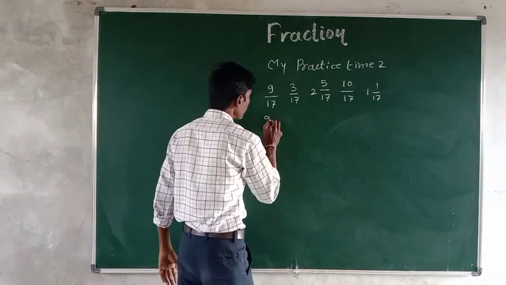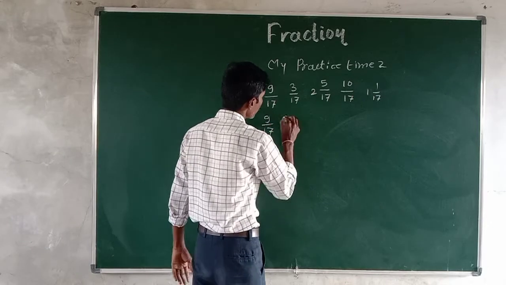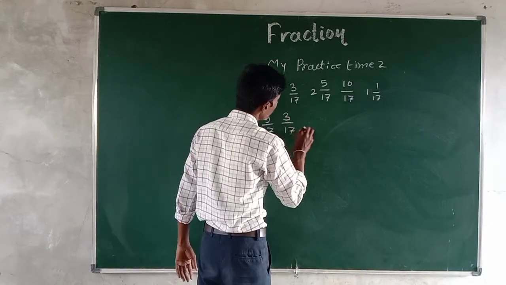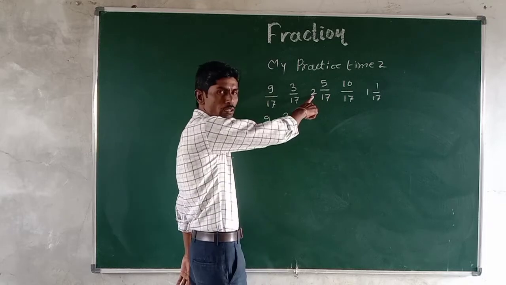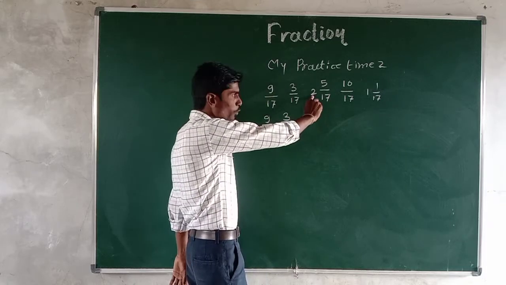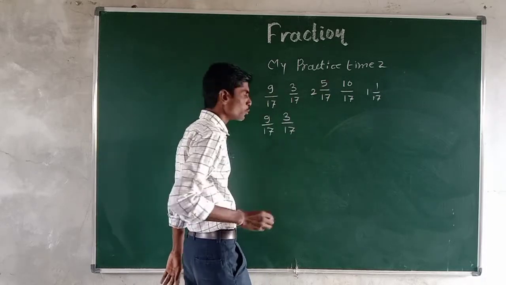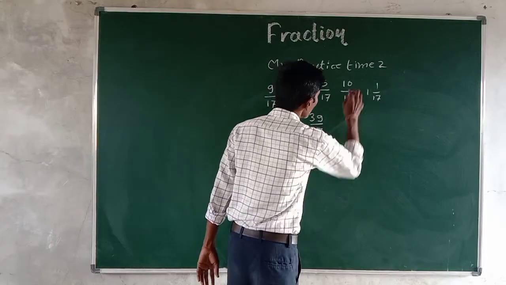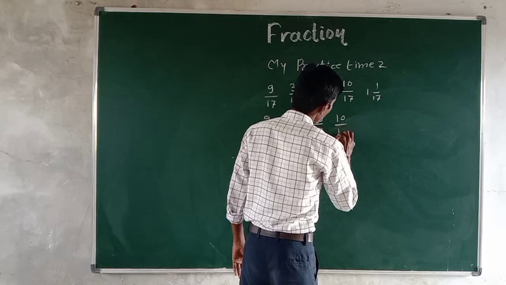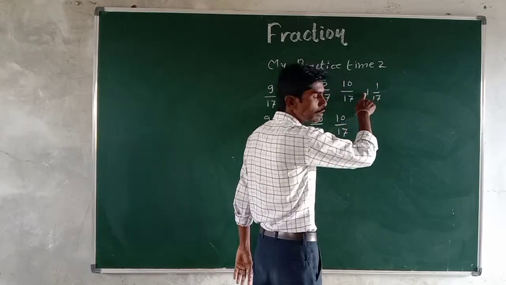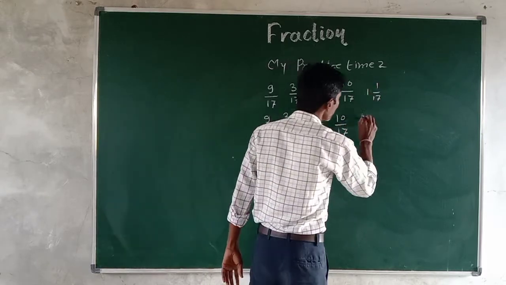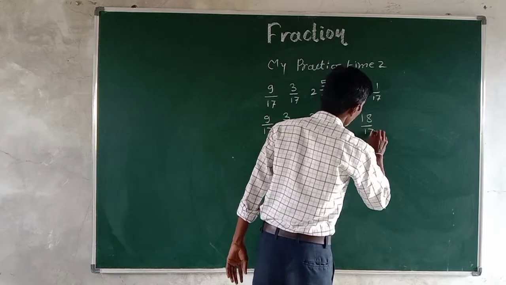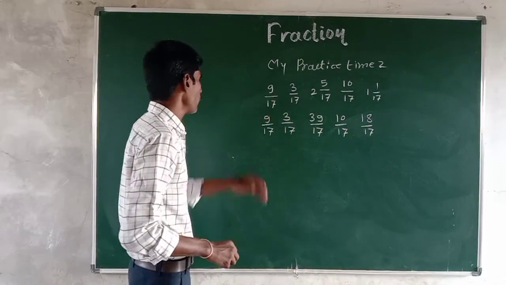So 9 upon 17 first, then 3 upon 17, then 17 twos are 34 plus 5, that is 39 upon 17, then 10 upon 17, and 17 plus 1 is 18 by 17. Now which is the greatest?